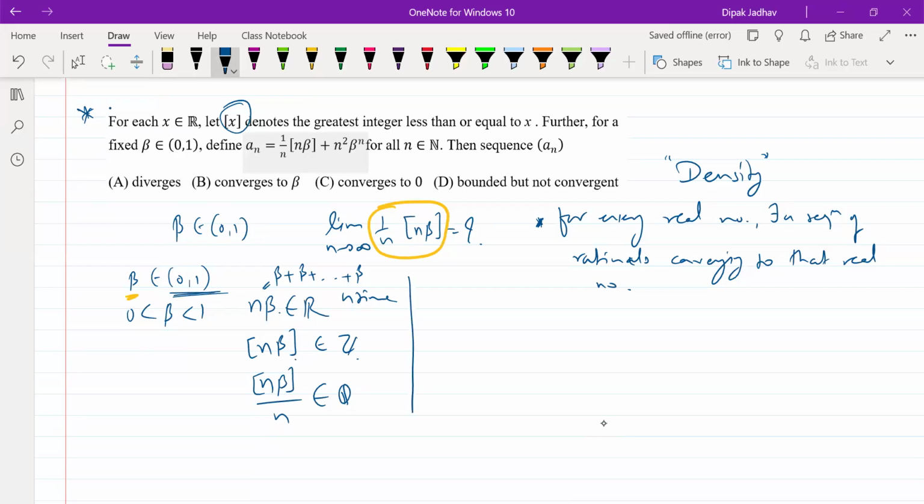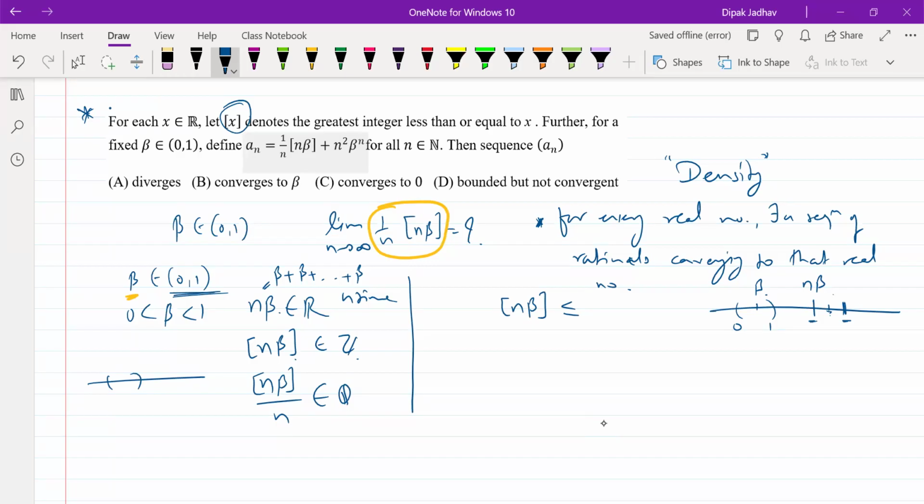And it's not difficult to see this actually goes to beta. You just have to observe n times beta, the integer part of n times beta, or the greatest integer less than or equal to n beta. Where does it lie? Beta is a real number between 0 and 1. N times beta is a real number.